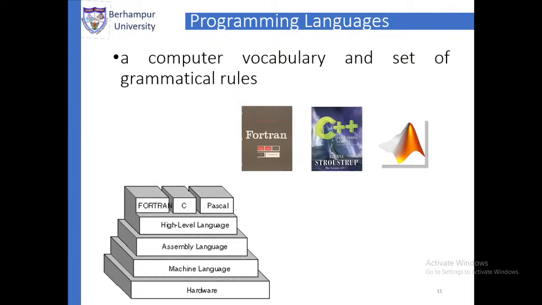If I say going, I am, it does not mean anything. I am going has some meaning, but going I am school does not make sense. So it has a grammatical rule. Every vocabulary has a grammatical rule.